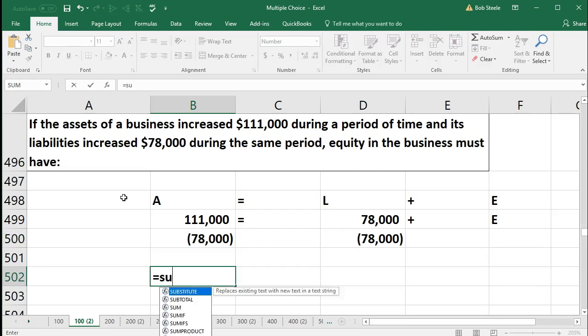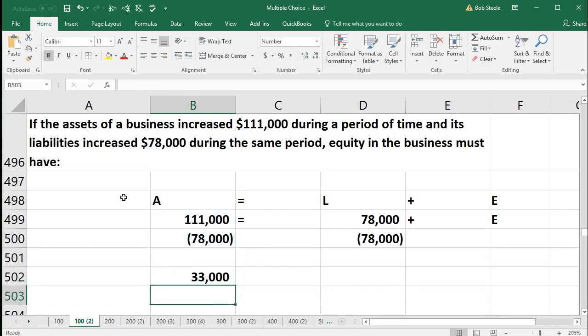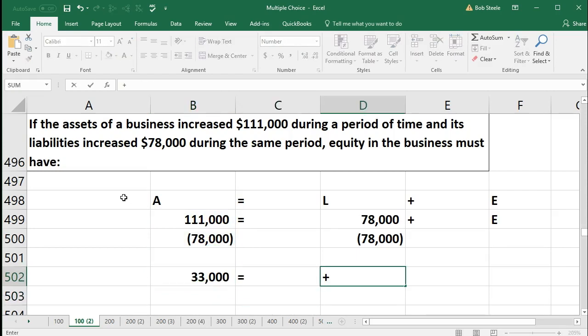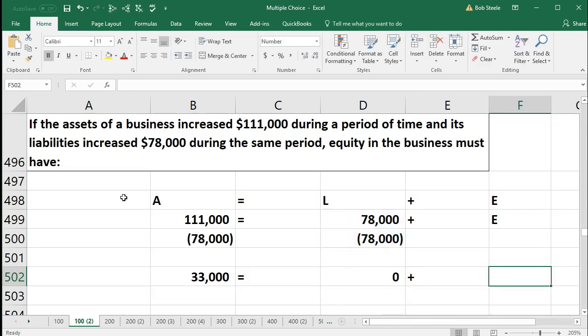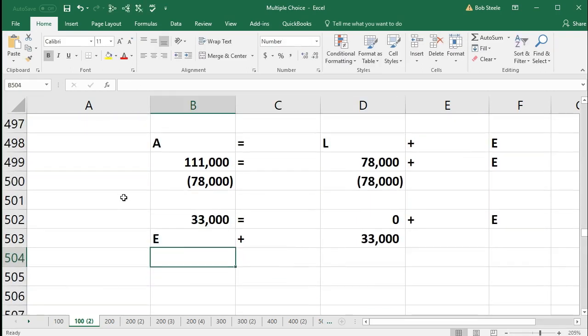Then if we do the math, 111,000 minus the 78,000 provides us with 33,000, equaling the liabilities, which of course if we subtract out the 78,000 minus the 78,000, we get 0, plus the equity, and therefore we could say that the equity equals 33,000. If we just turn that back around, equity equals the 33,000 for this problem.